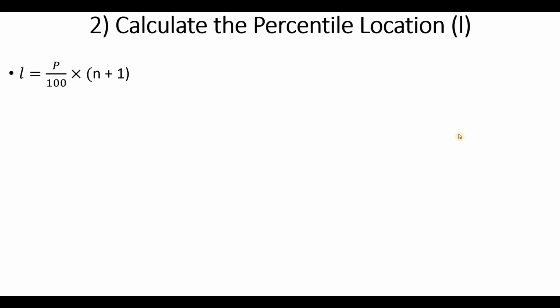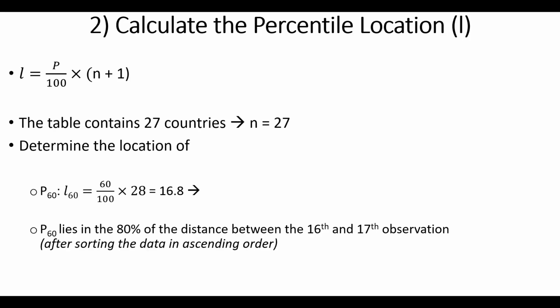The second step is to calculate the percentile location, L. L is equal to percentile divided by 100 multiplied by n plus 1. The table contains 27 countries, so n is equal to 27.